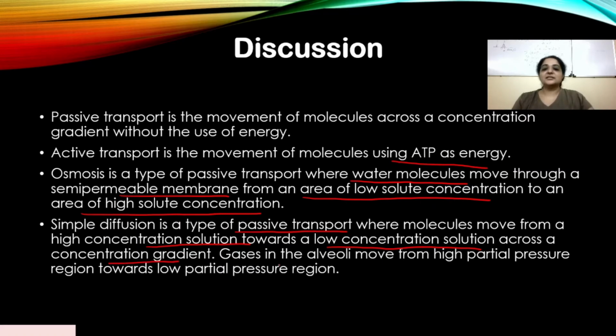Hence gases in the alveoli move from high partial pressure towards a low partial pressure region. Think of it like a slope, high to low. So this concept needs to be very clear, because this is what is applied in exchange of gases, inspiration, expiration, and all of that. I hope this was clear. So we move on to the next question.